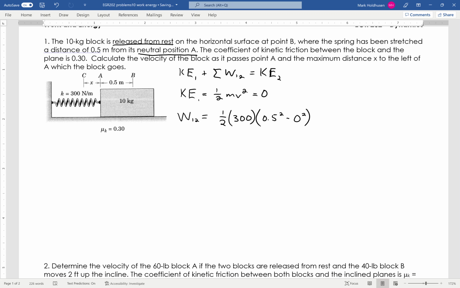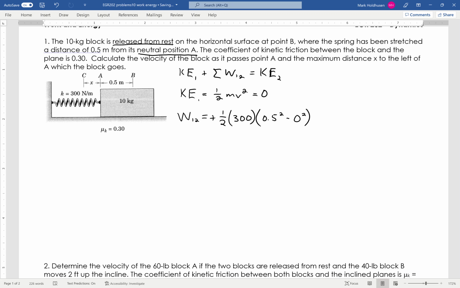Now we need to determine whether this is positive or negative work. If motion is in the same direction as the force, the work is positive, and the spring is pulling it to the left, the direction of motion. So the spring force and the motion are in the same direction. Therefore, that is positive work of the spring.